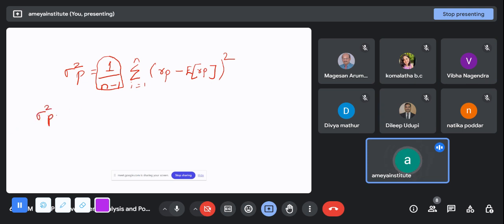Sigma square p, that's called portfolio variance, is nothing but, let's take two assets, I'm discussing two asset risk first, Ri minus expected return on first asset, into Wi, right? Plus, now this is the first asset over.